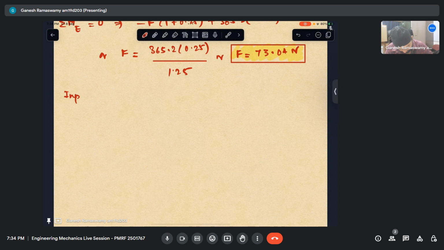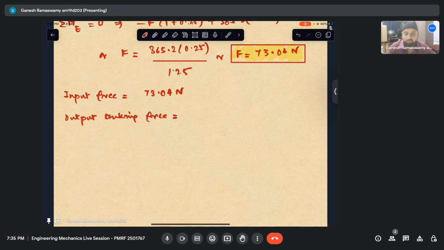Input force is 73.04 Newton, and output braking force is nothing but 365.2 Newton. So this is what T1, this is what is getting applied, and T2 is manifesting because of the braking action.